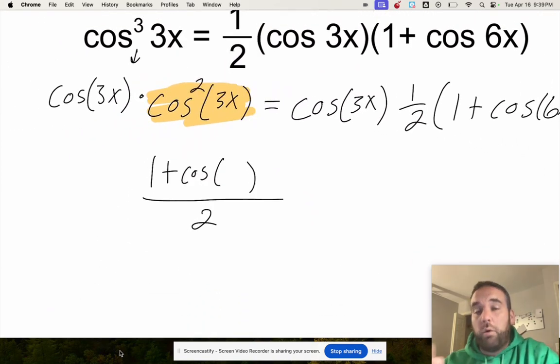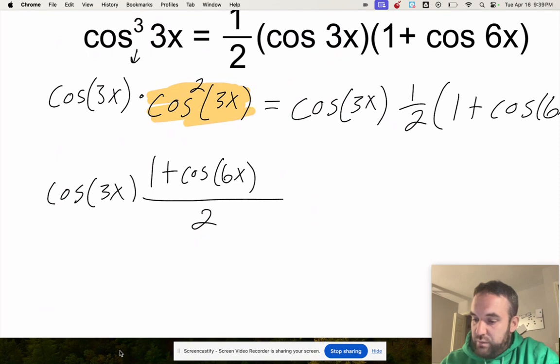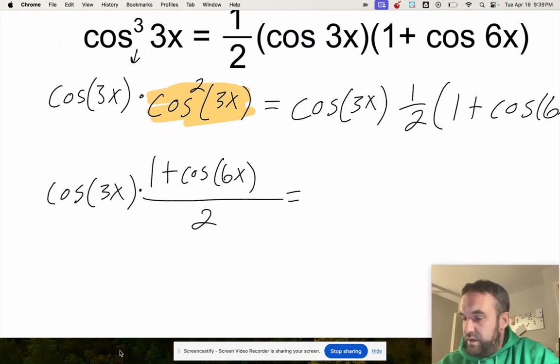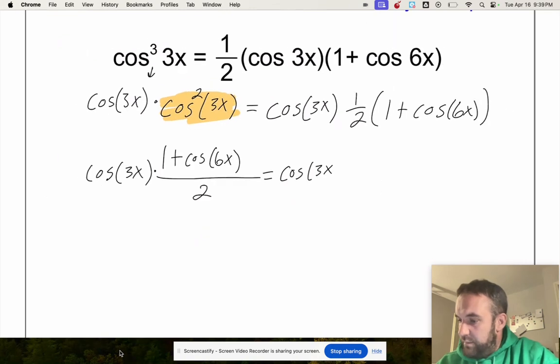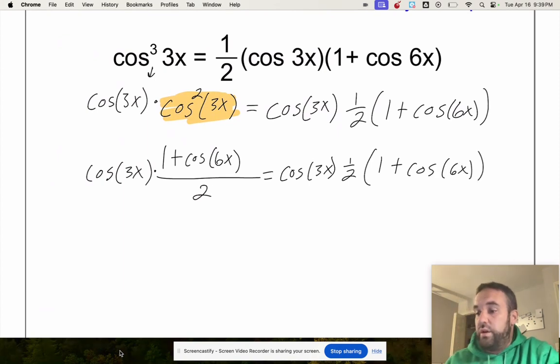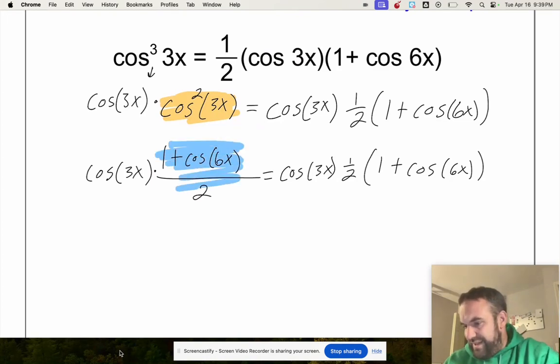So when I double that angle, 3x will become 6x. And then I'm just going to bring everything else down: cosine of 3x multiplied by that is equal to cosine of 3x times 1/2 of 1 plus cosine 6x. And just a reminder, my goal here, because I already have the cosine 3x on both sides, is to verify that this quantity is equal to that quantity.